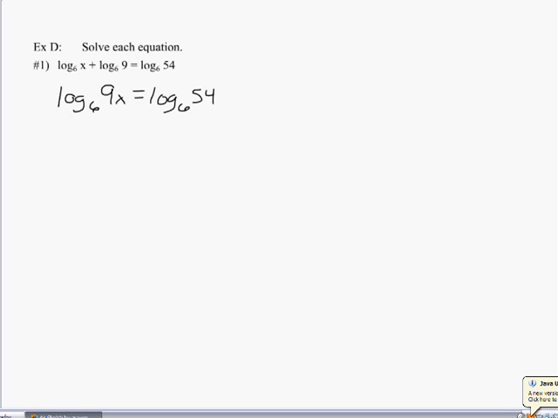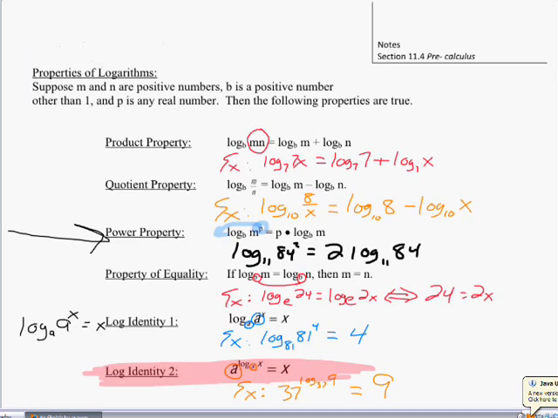Cannot do that, sir. If you look at the property of equality, it says that if you have one logarithm on each side of the equation and they have the same base, you can just set the arguments equal to each other.